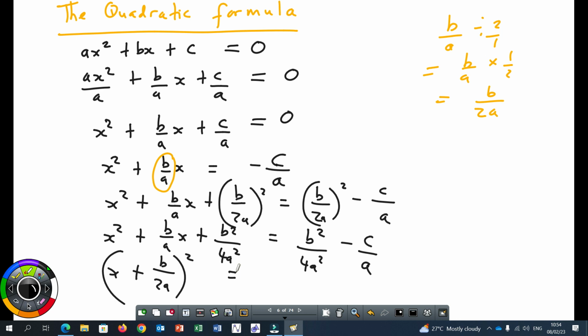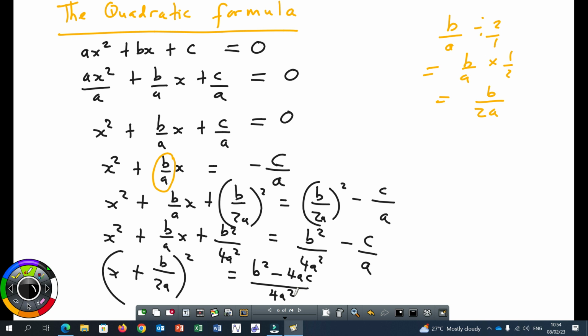It's 4a squared. So what that means is I can write this as b squared minus, then I have to multiply this c by 4a, then over 4a squared. You following there? Yeah, your knowledge of algebraic fractions. Yes.